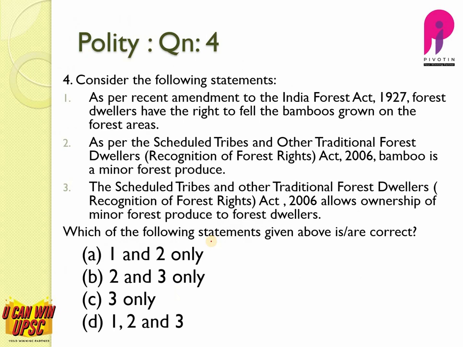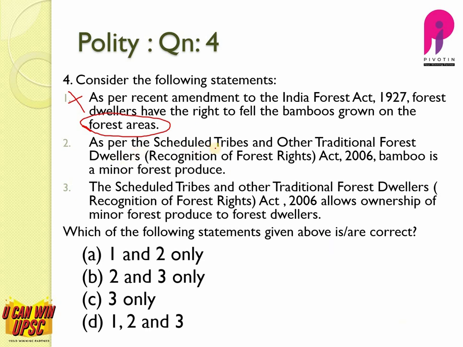Question number 4. As per the recent amendment to the Indian Forest Act 1927, forest dwellers have the right to fell the bamboos grown on the forest areas. No, this is wrong. The recent amendment has declared bamboo need not be defined as a tree in non-forest areas, so that the economic value of bamboos can be utilized.